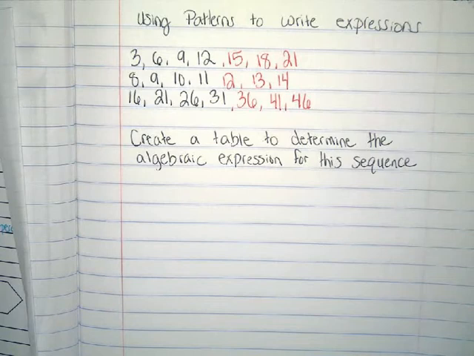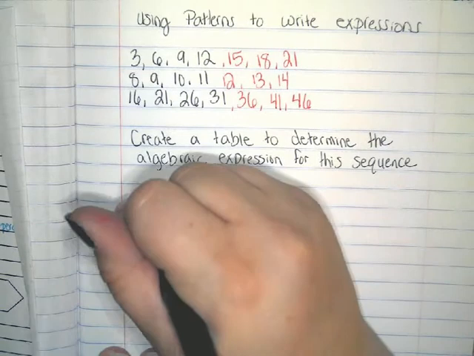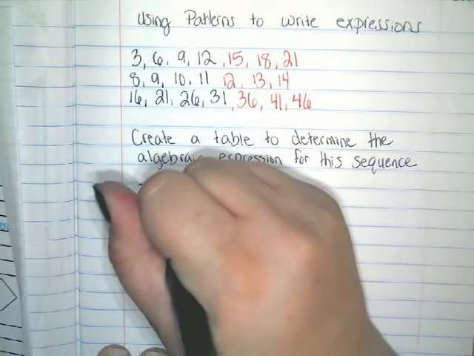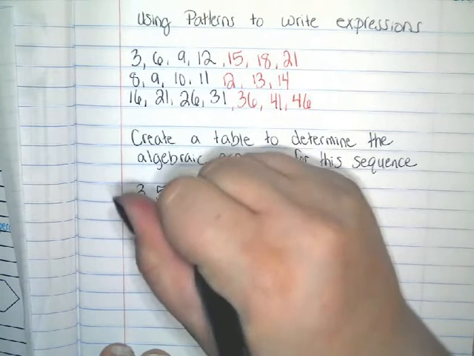So we're going to use the sequence that they give us, create a table, and then we're going to come up with the expression for it. So let's say I'm looking at the sequence of 3, 5, 7, 9.